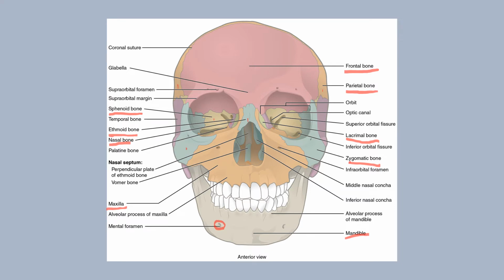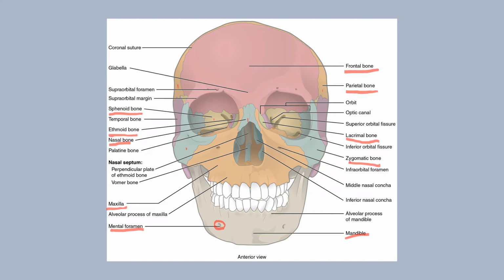That is known as the mental foramen. Mental refers to the chin area. A foramen is a hole that allows blood vessels and nerves to move from one side of the bone to the other, in this case from the outside to the inside. So whenever you see that term foramen, think, oh, there's a hole there.